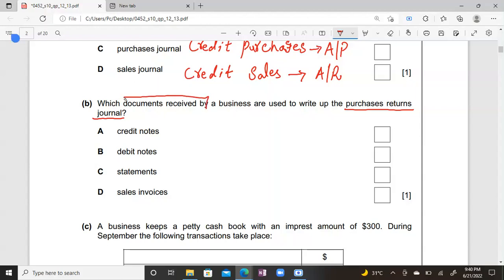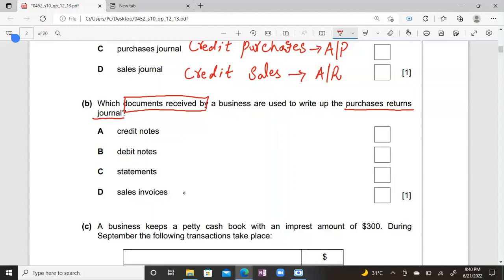So which document will he receive in order to write this in the purchase returns journal? Let's check all these documents one by one. Again, four options are there: credit note, debit notes, statements, and sales invoices.